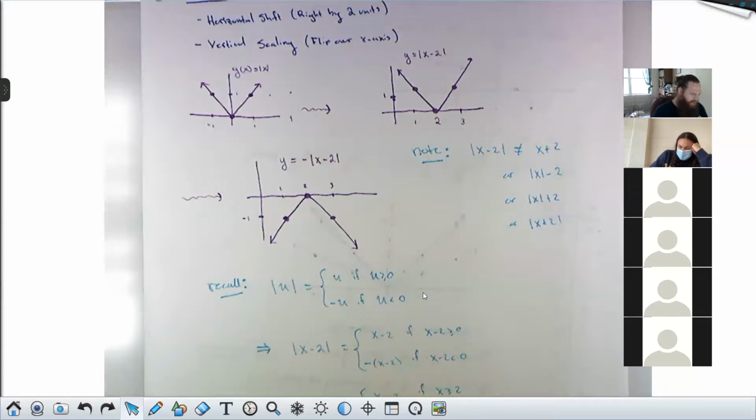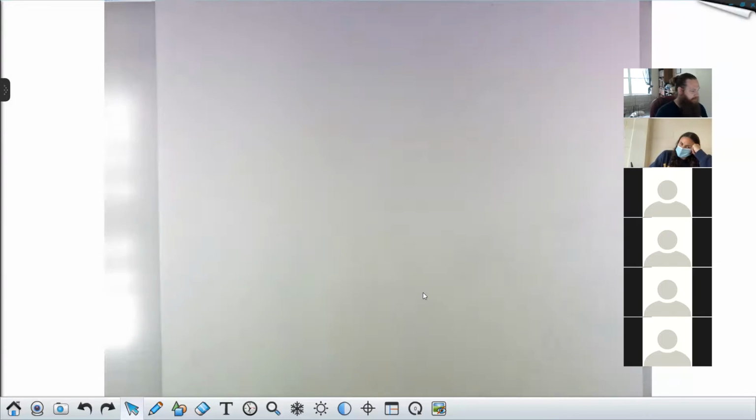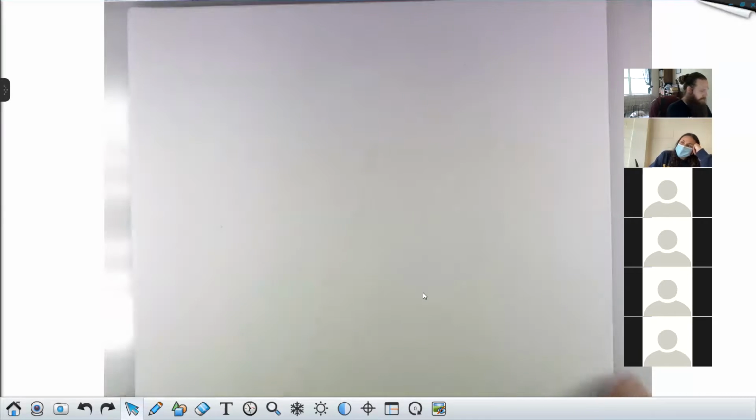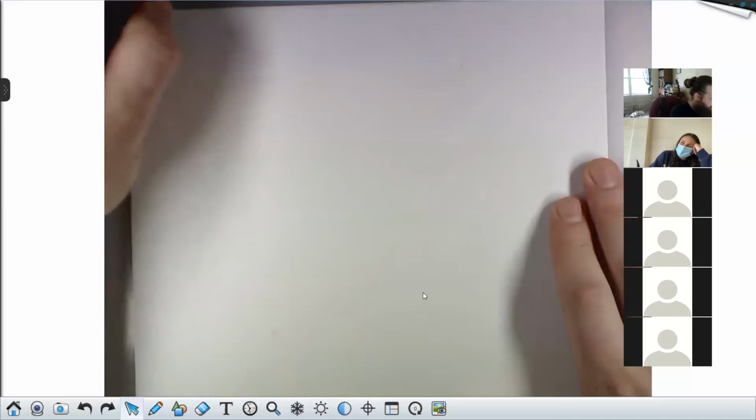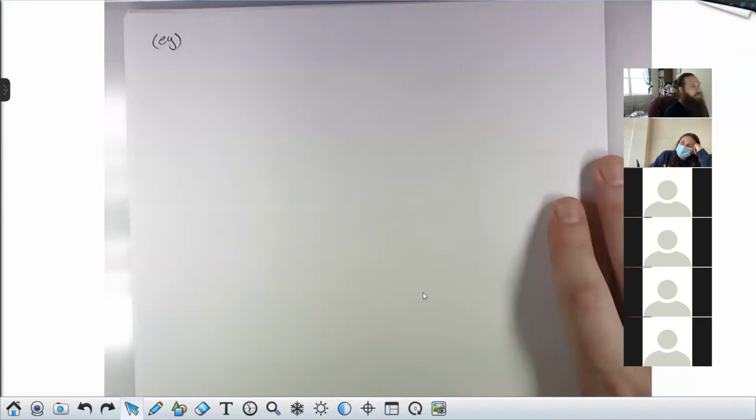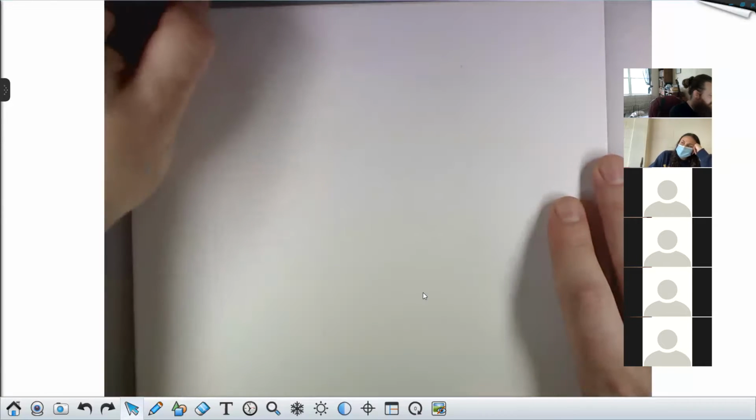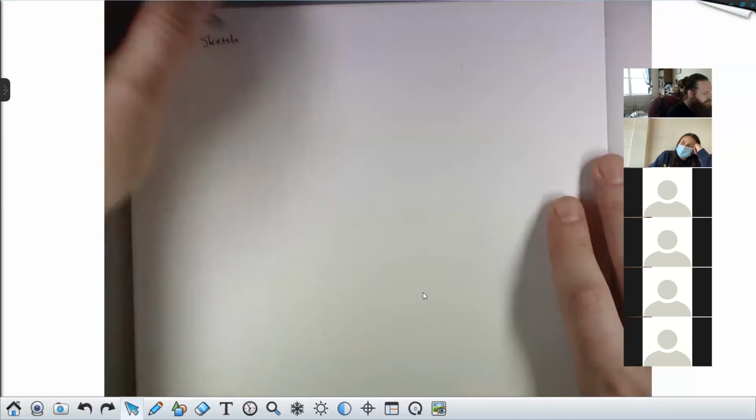All right. So horizontal shifts, vertical shifts, and vertical scalings. There's one missing, a horizontal scaling. Let's look at him. I kind of wish we had more parent functions to play with. Let's sketch. There's a few we haven't messed with yet.